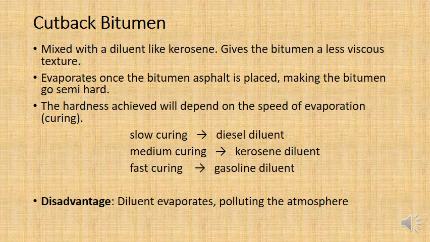We add kerosene. And this kerosene, we call it a diluent because basically, in a way, it kind of dilutes the bitumen. So, mixing the bitumen with the kerosene makes it runnier. It makes it more workable, if you like.